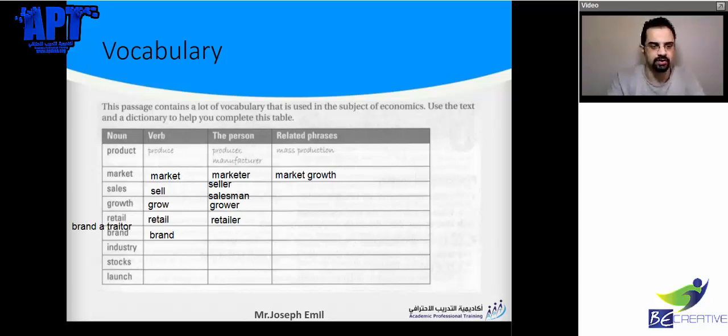Let's say that someone is betraying his country, and you marked him. You made everyone know that he is a traitor. So the person is the brander. These verbs are some of them not very common.